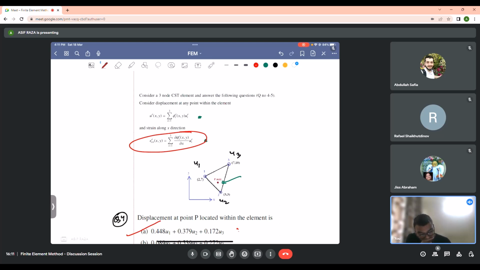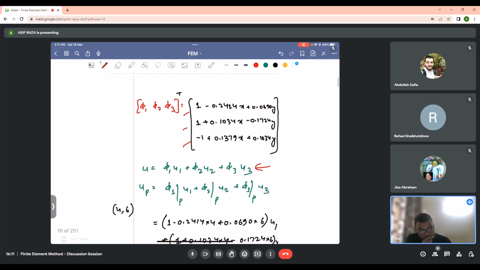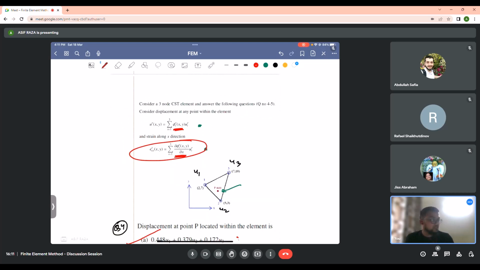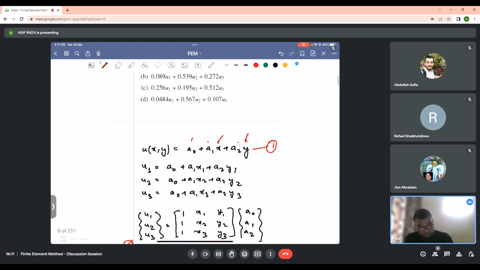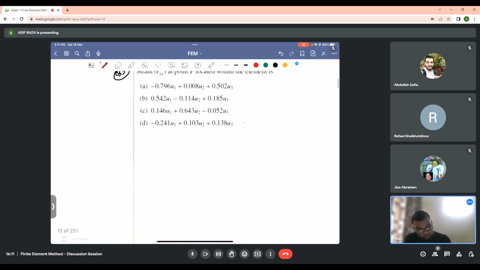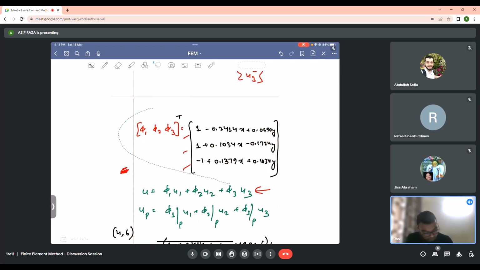As we already have phi, we just need to find the derivatives of phi i with respect to x only, not with respect to y, because we are finding this strain only along the x direction. Now to solve this, let us first write this thing. Let's see if I can copy.